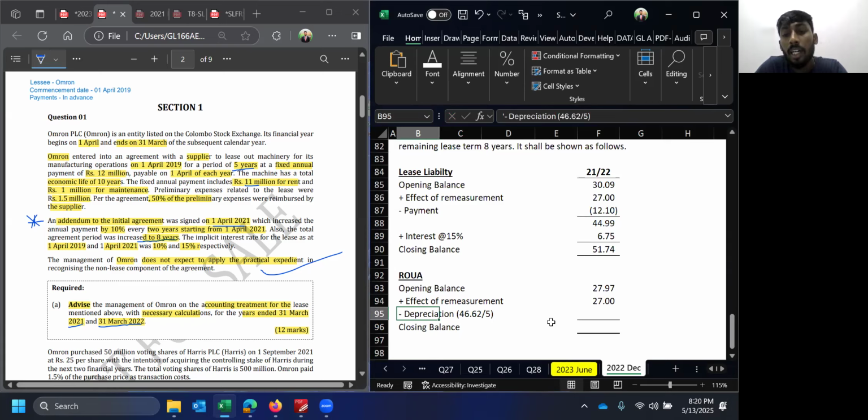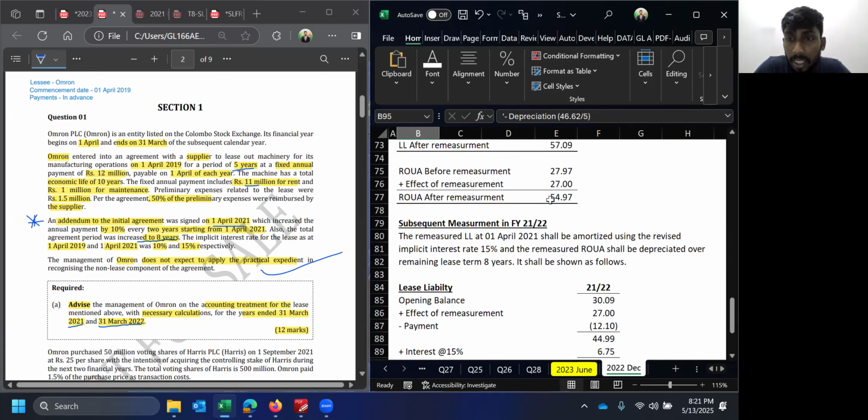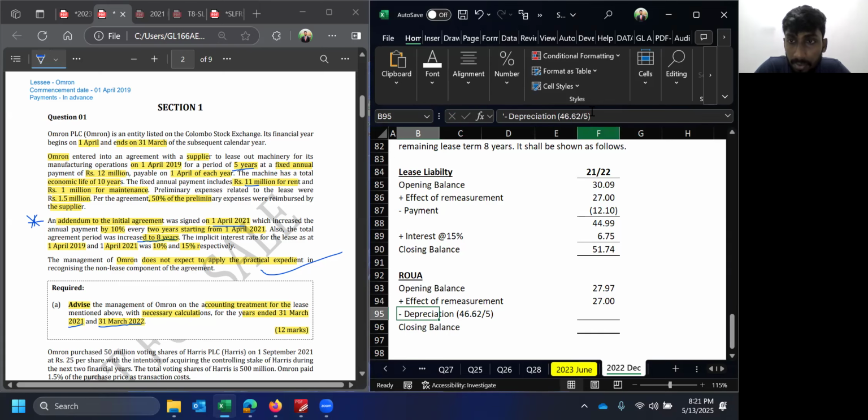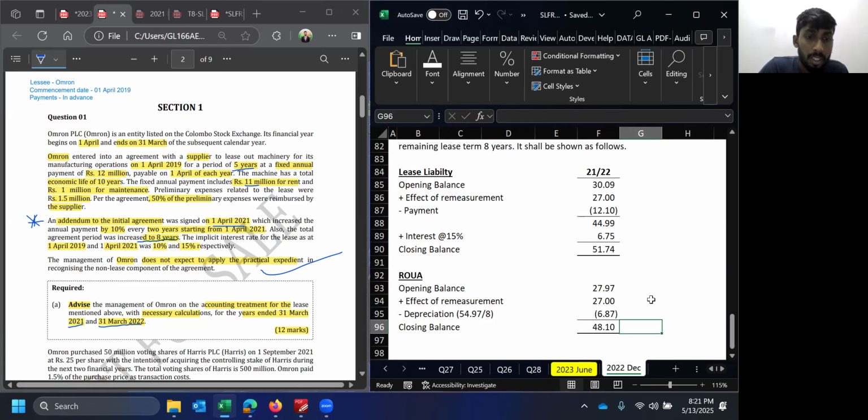Then I need to depreciate the remeasured right of use asset, which is 54.97, divided by remaining 8 years. I got 6.87. So closing balance would be 48.10.